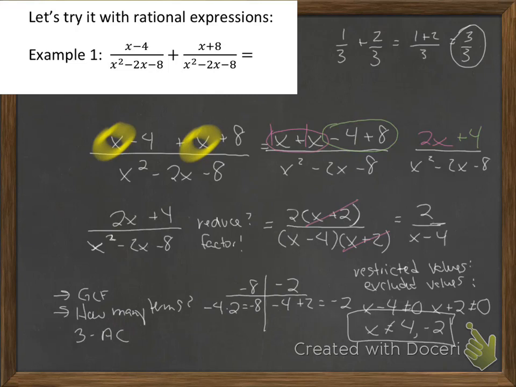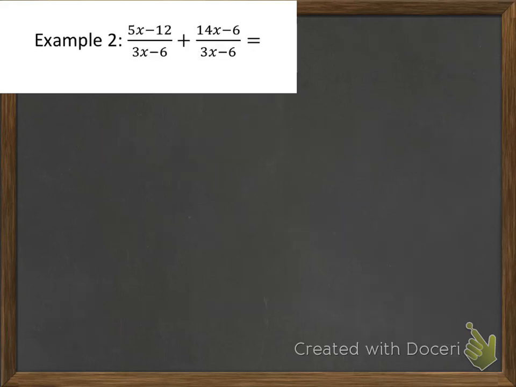The textbook would leave it like this. I myself personally am making a note here that we need to write x cannot be equal to 4 or -2. So this whole thing, including the restricted values, would be my final answer. All right, let's do another example.